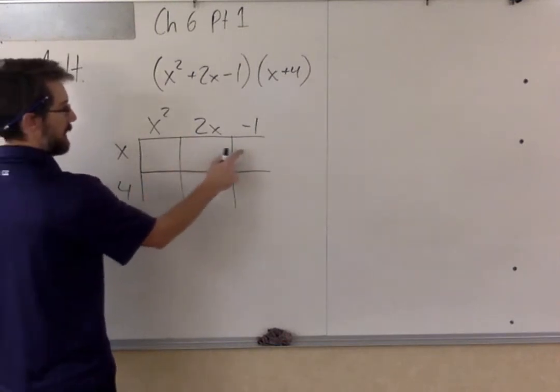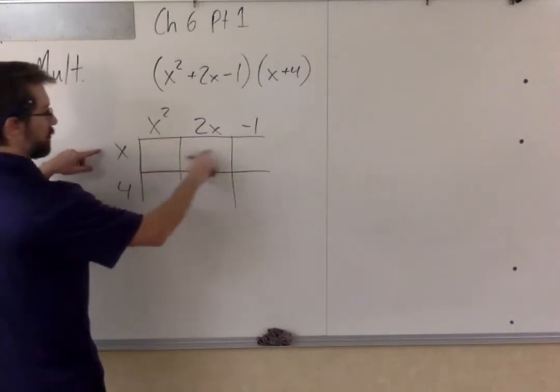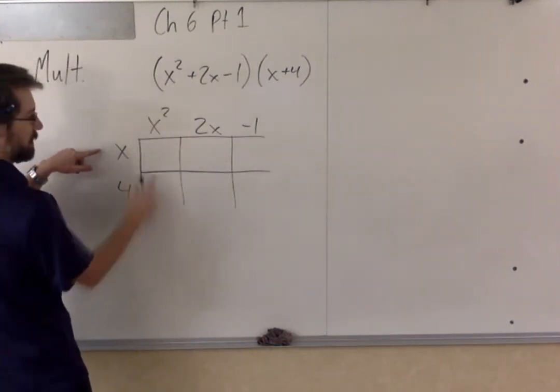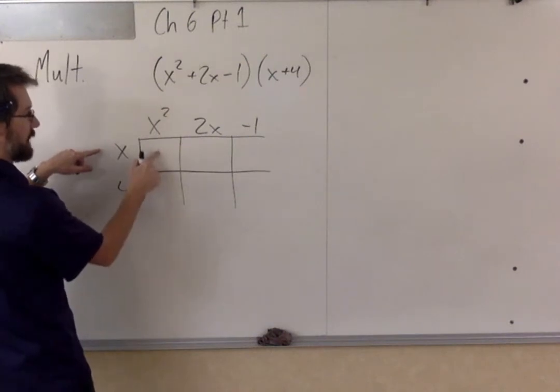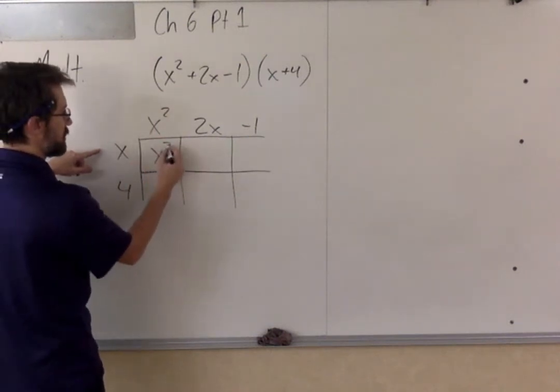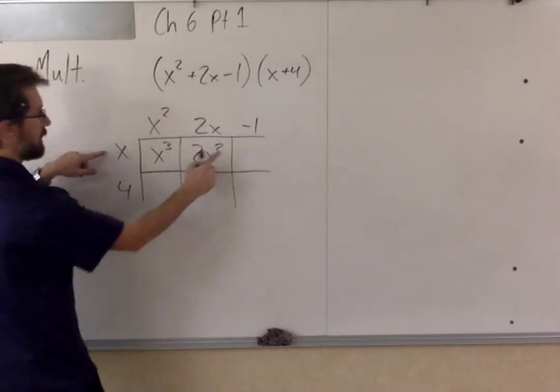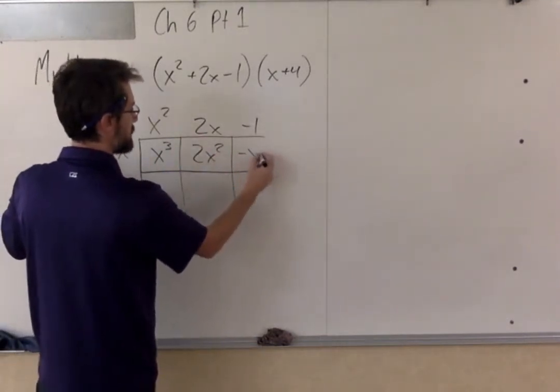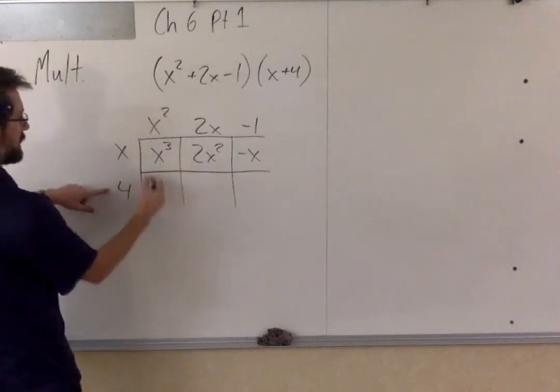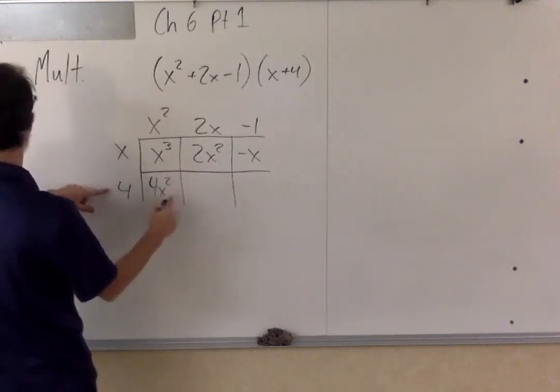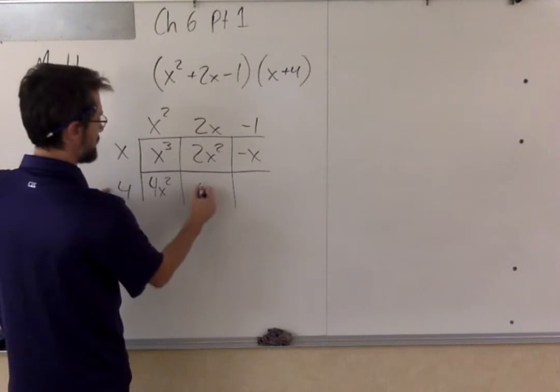Fill in each box with the product of the row and the column that intersect right here. So x times x squared is x cubed. x times 2x is 2x squared. x times minus 1 is minus x. 4 times x squared is 4x squared. 4 times 2x is 8x.